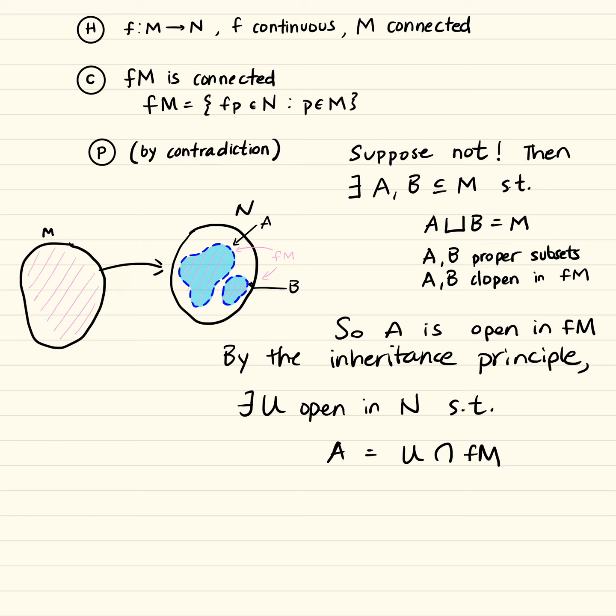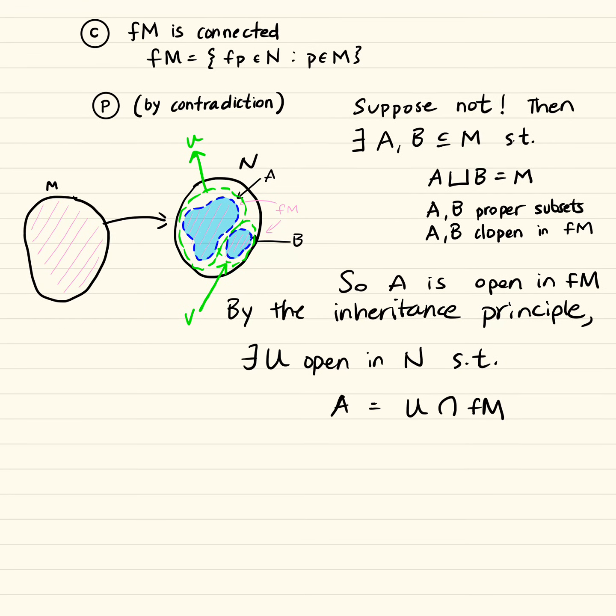So if we were to update our sketch here, we'd be saying there exists some U, and of course there also exists a V. And U and V are open in N, and their intersections with f of m are A and B.